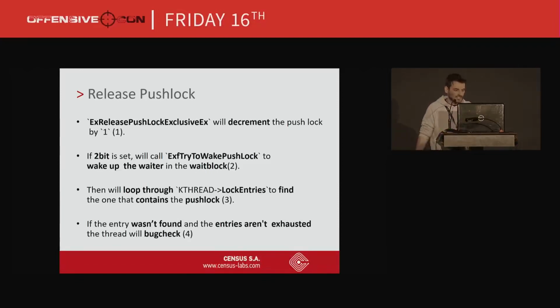Then ExReleasePushLockExclusive will loop through all the lock entries to find the one that contains the push lock that we are about to release. And if that entry wasn't found and lock entries in the KTHREAD aren't exhausted, we are going to get a kernel panic because we can't release a lock that we didn't acquire from that thread. As you recall, our lock is acquired from the other thread, the deadlock thread.